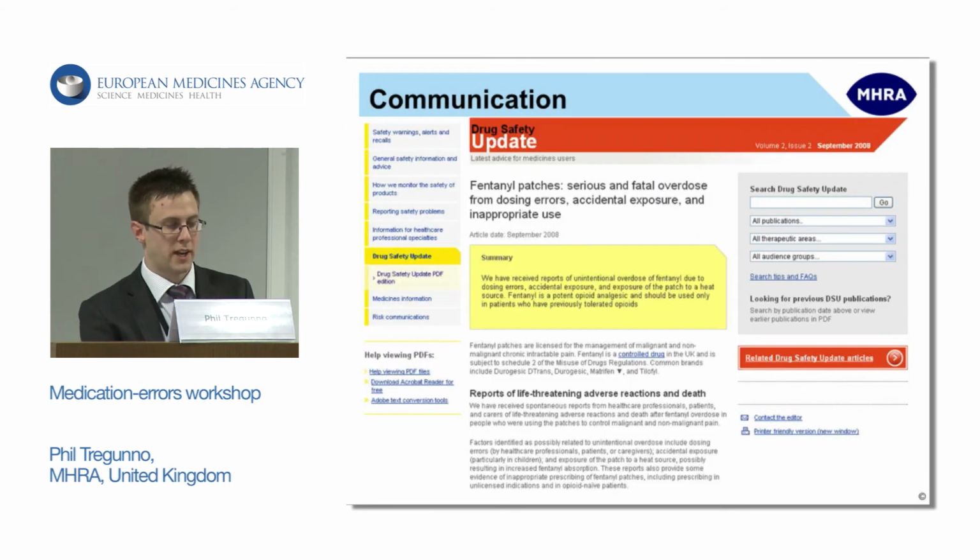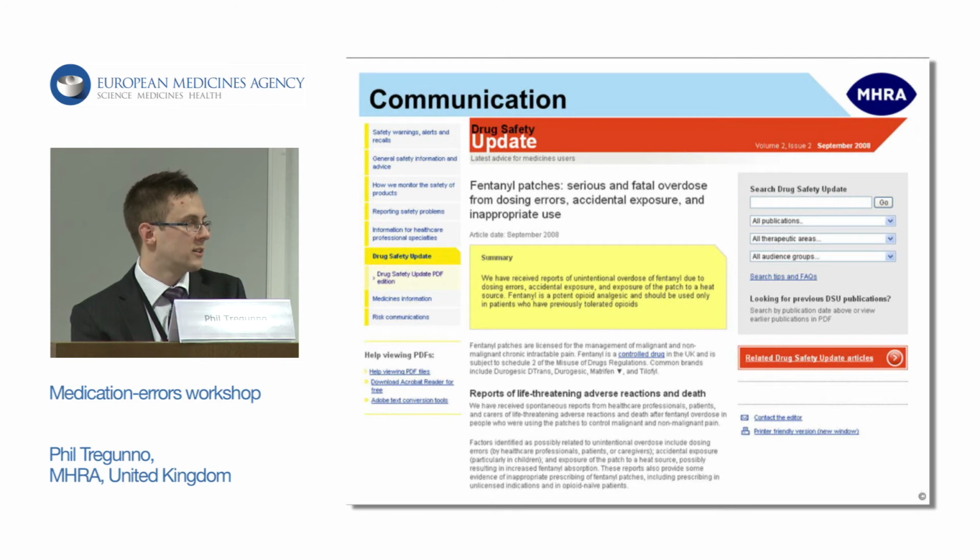I talked about communication earlier. We at the MHRA have a bulletin called Drug Safety Update. There's also information that goes available on the European agency websites. But we need to make sure that information is actually delivered to those that need it. We've put information about fentanyl patches and the issues that I've described already in patient information leaflets and on packaging.